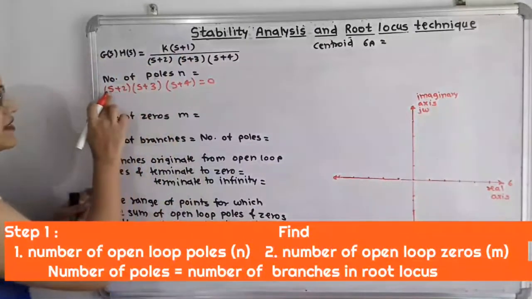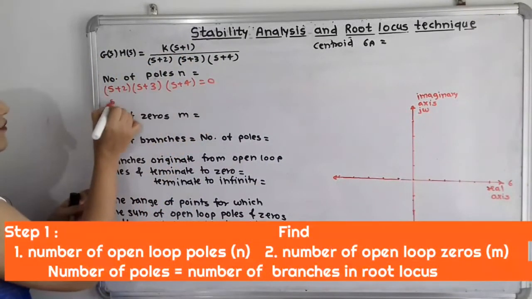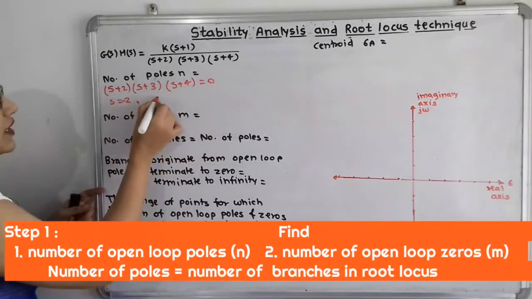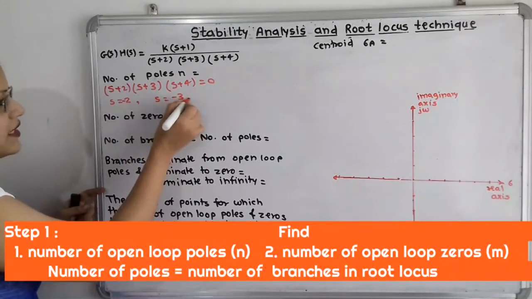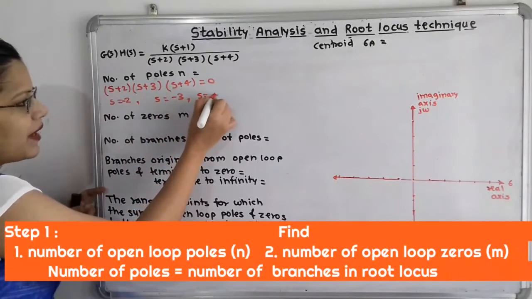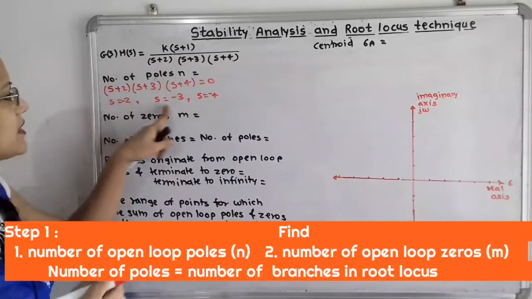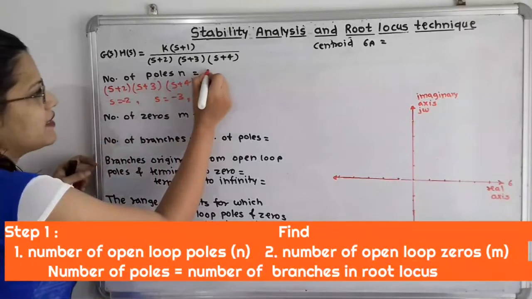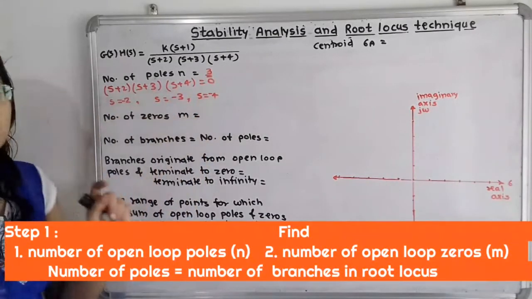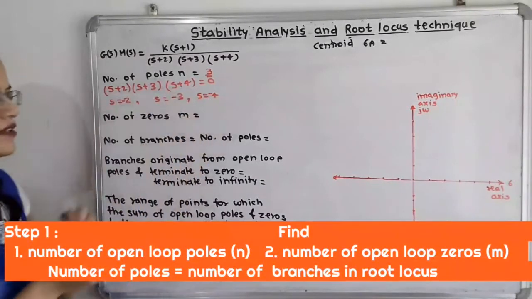When s+2 is equal to 0, s is equal to -2. When s+3 is equal to 0, s is equal to -3. And when s+4 is equal to 0, s is equal to -4. So the number of poles n is equal to 3, because there are a total of 3 roots, and the poles lie at -2, -3, -4.